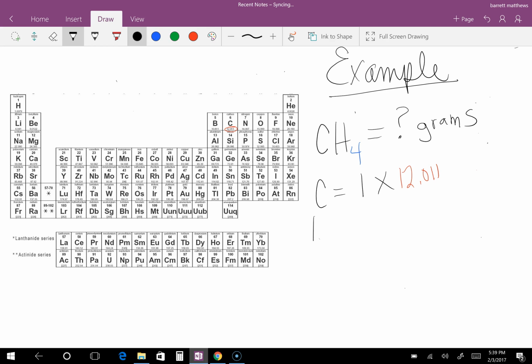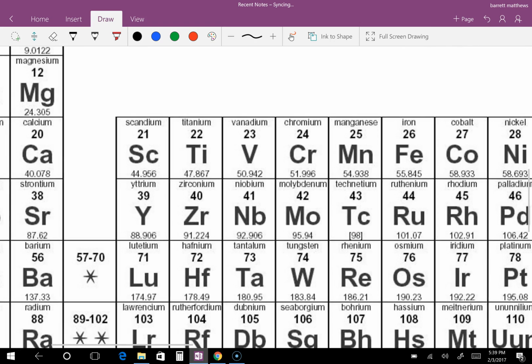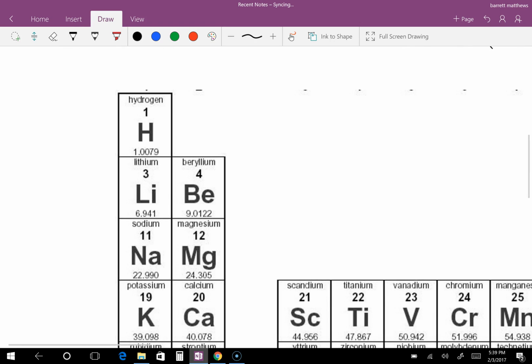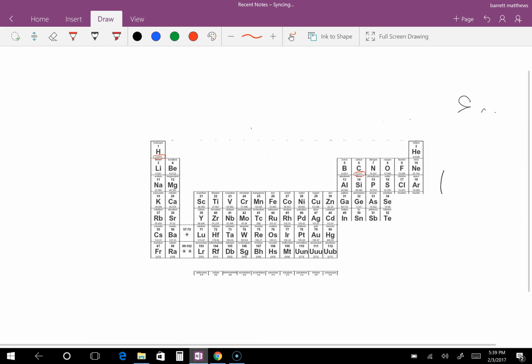Next, I get the element hydrogen. I see that there is a subscript 4. This tells me that there are 4 hydrogens, so I need to multiply 4 times the mass, which I will then find on the periodic table right here, and go back and write that into my calculations.